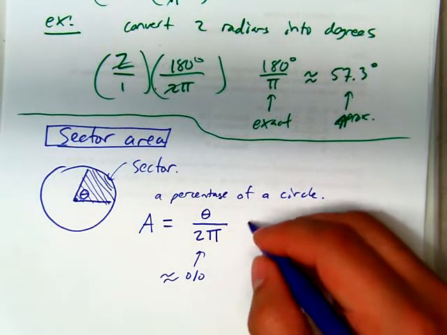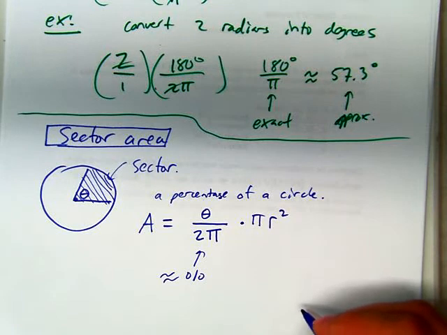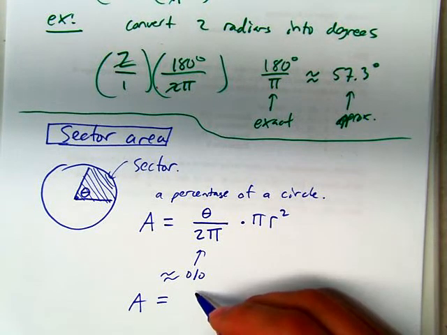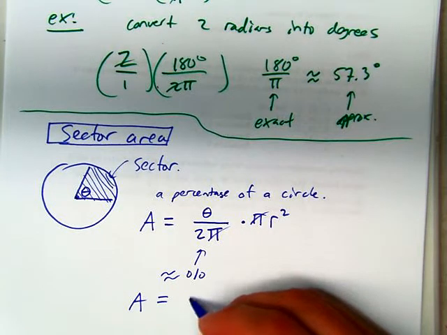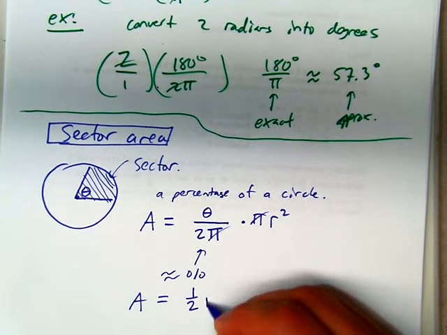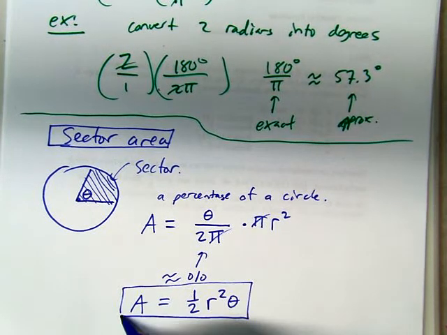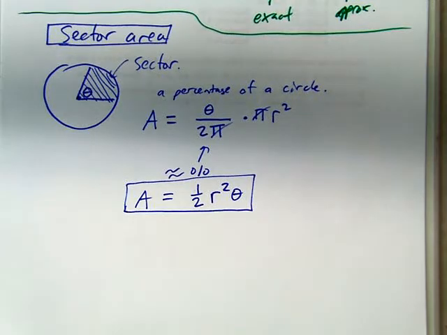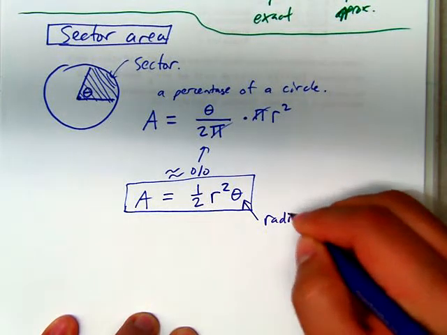And now if we want area, let's multiply that by pi r squared. Okay, so now we get a formula that looks something like this. Pi's cancel, we get 1/2, and if I rearrange the terms, 1/2 r squared theta. So this is how you find the sector area, keeping in mind that this is a radian angle.